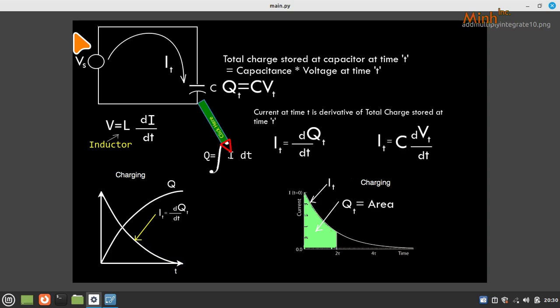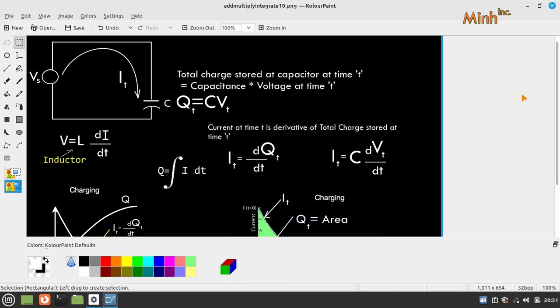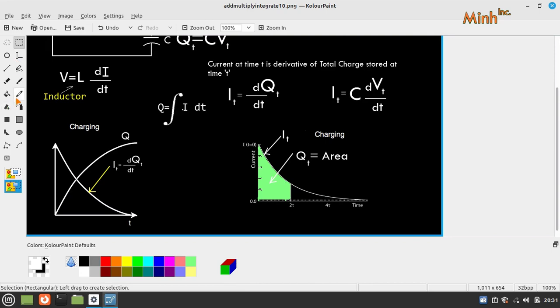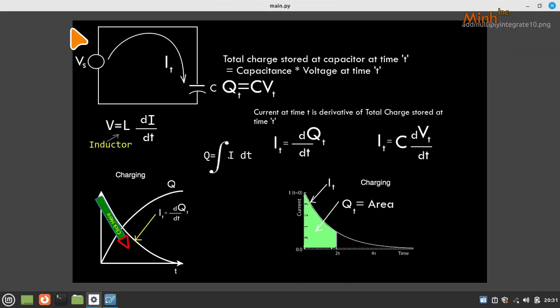If I have a curve whose equation is I and then I calculate the area, it becomes Q. So if this is the curve, we can see this yellow, this is the curve of I. If I calculate this area, then if we have a close watch, this area here is less, slowly it is growing, and area is maximum here, complete.